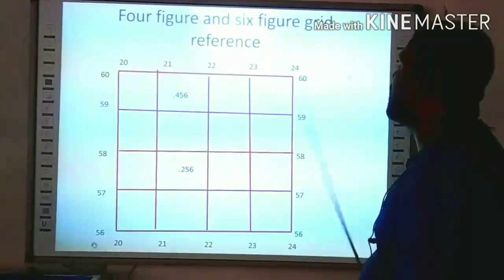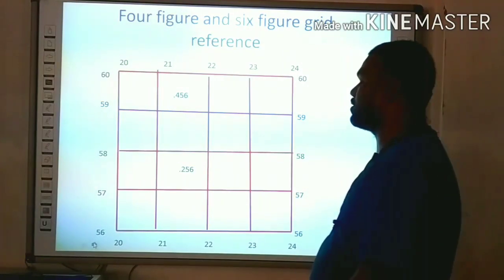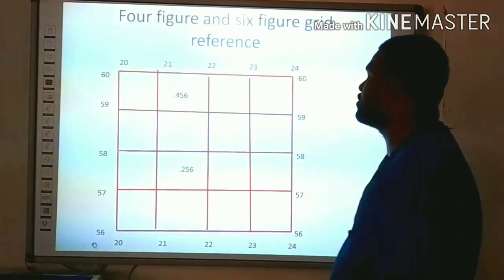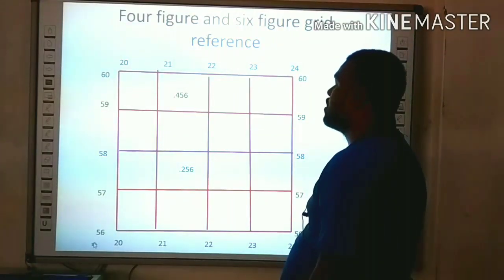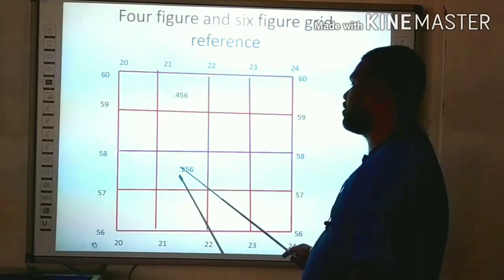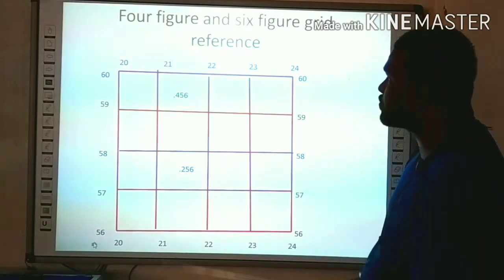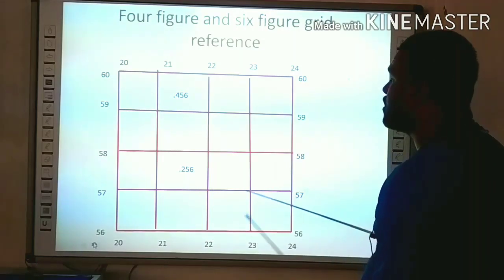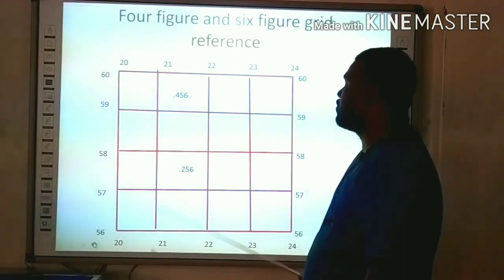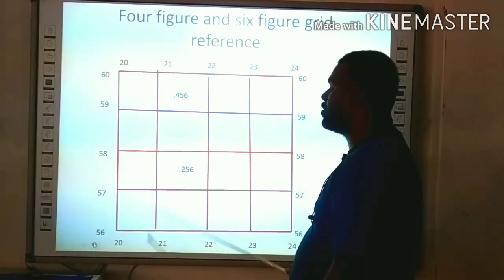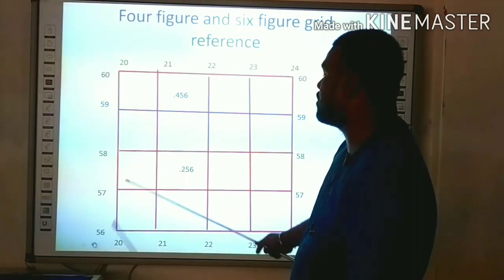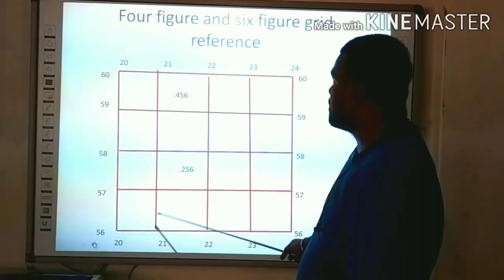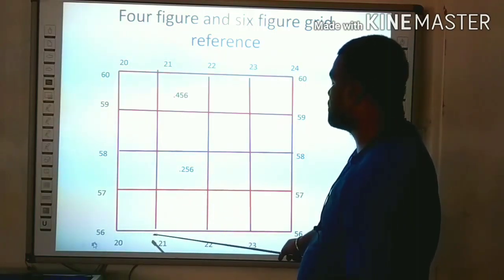Now let us see how to find out the 4-figure grid and 6-figure grid reference. These red lines are the grid lines, and we will find the 4-figure grid reference for spot height 256. For finding this, we have to take the eastings and northings. First we take easting, then northing. Spot height 256 is situated in between two easting values, 21 and 22.